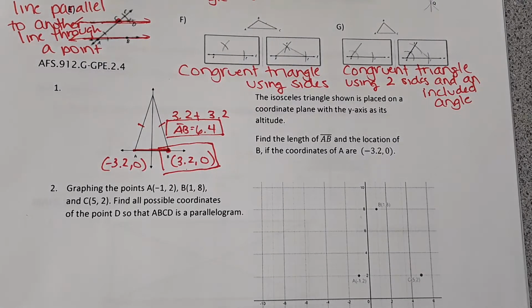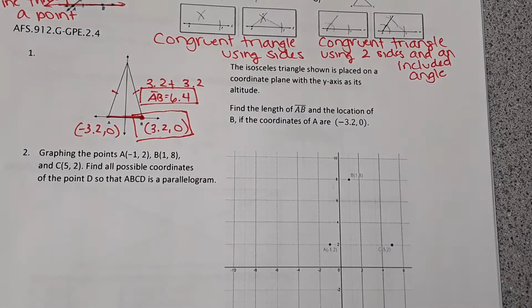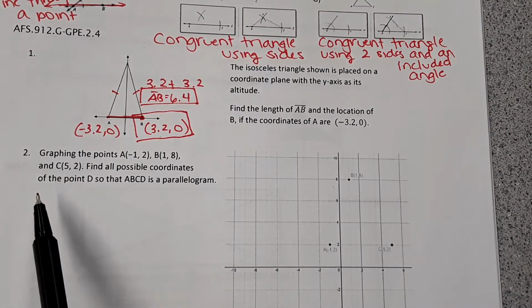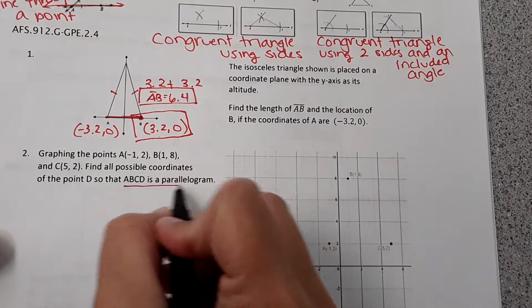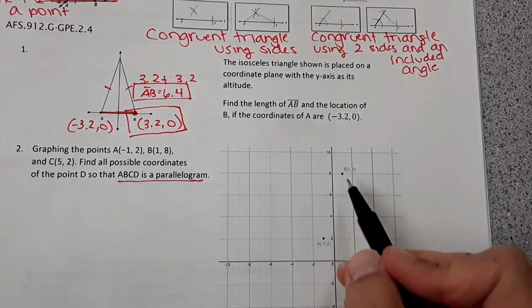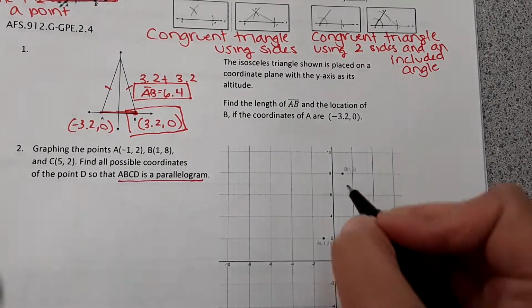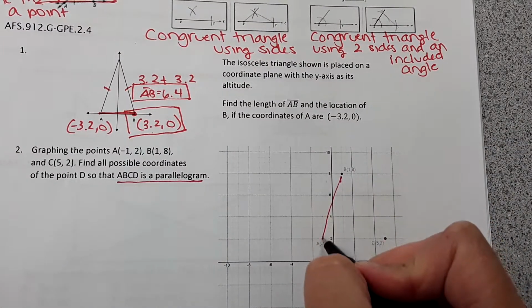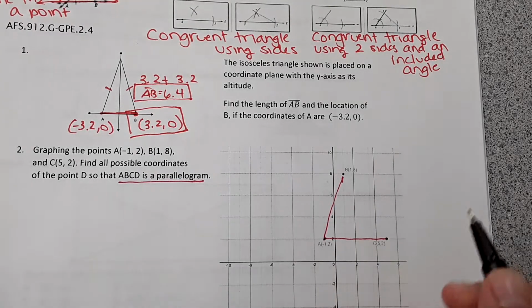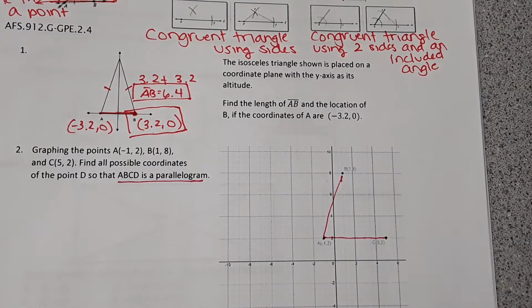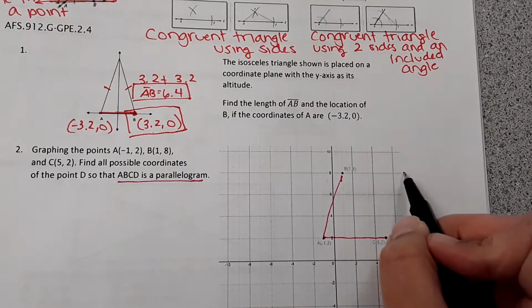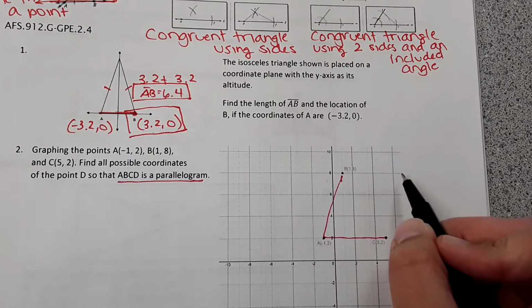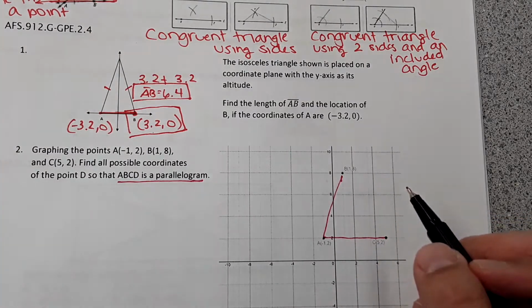Okay, next one. Okay, graphing the points, and they give you coordinates. Find all possible coordinates of point D so that ABCD is a parallelogram. They already plotted A, B, and C for us, so I'm going to go ahead and sketch out a parallelogram with one missing point. So to make this a parallelogram, I'm going to need a point over here somewhere, but I need to find the exact points.